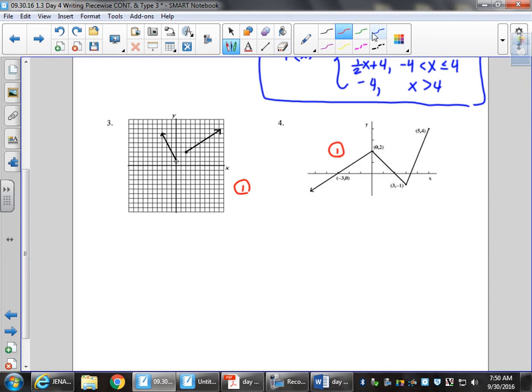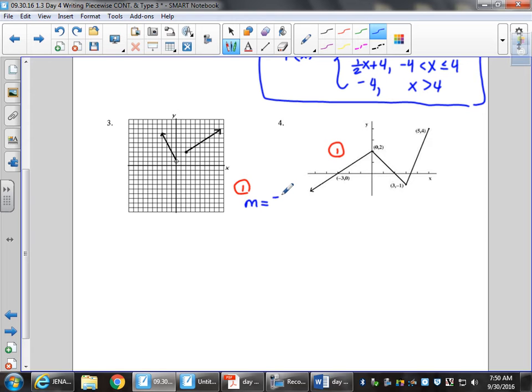Piece 1. Ray or a segment? Ray. So keep that in mind. We don't have to write it first. I'm just asking. What did you guys do first? Tell me what you wrote first. Slope, okay. So m equals, let's see, down 2, left 1, 2, 3.